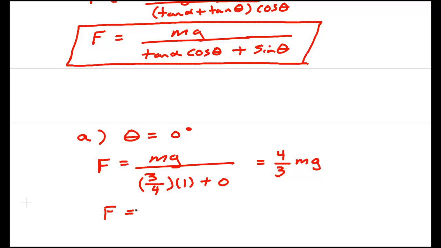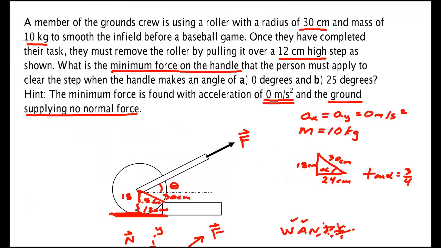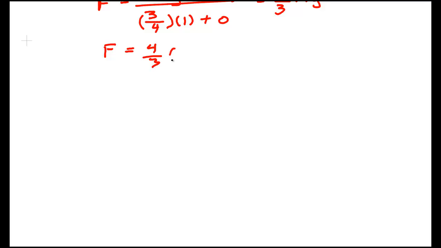You can look up directly on yours, but I actually have to sort through mine a little bit. Let's see, the mass was 10 kilograms. So 4/3 times 10 kilograms times 9.8 meters per second squared.